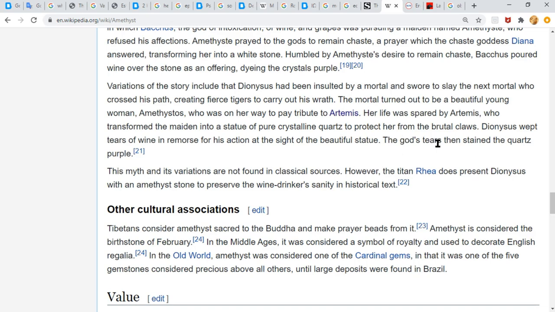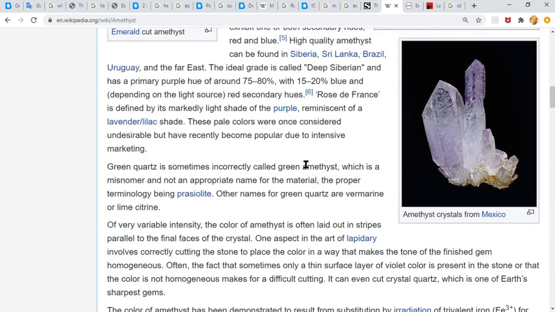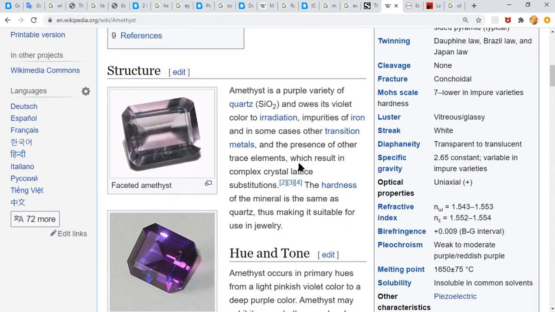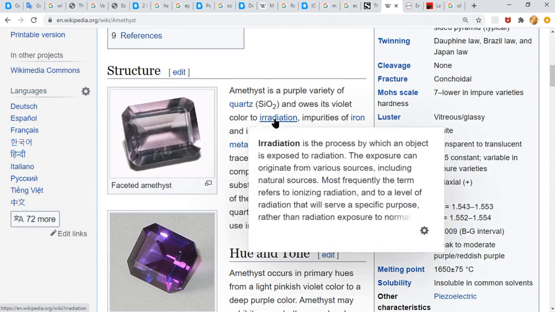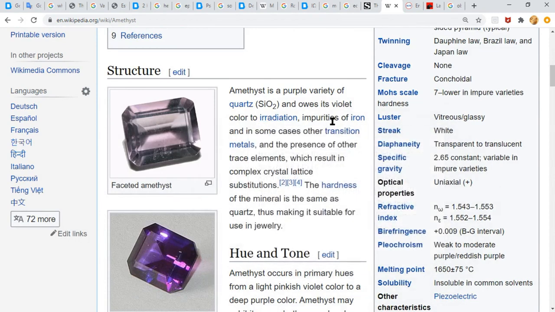So it's the god's tears, Dionysius' tears, stained quartz purple. So we go back up here to see what makes this quartz purple. And it's said to be caused by irradiation, radiation, impurities of iron.